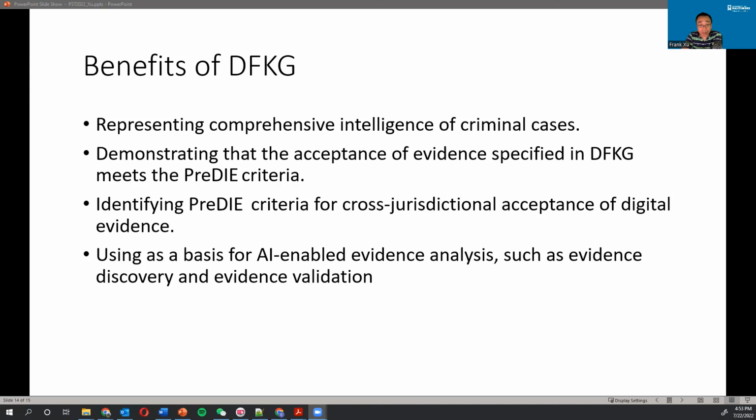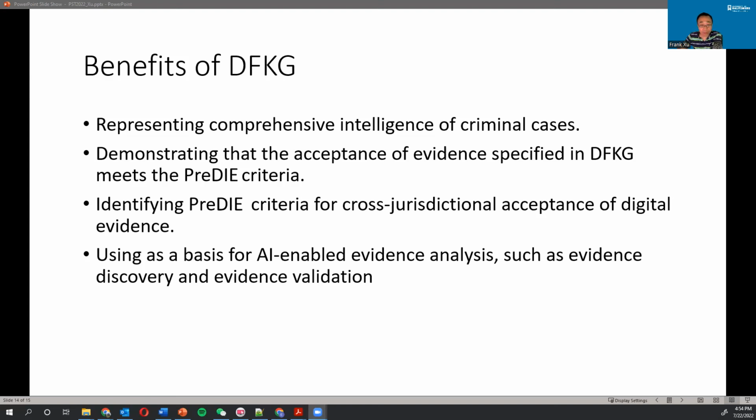Still, we can see some benefits of using DFKG, including representing comprehensive intelligence of a criminal case, demonstrating that the acceptance of evidence specified in DFKG meets the predefined criteria, and identifying predefined criteria for cross-jurisdictional acceptance of digital evidence.